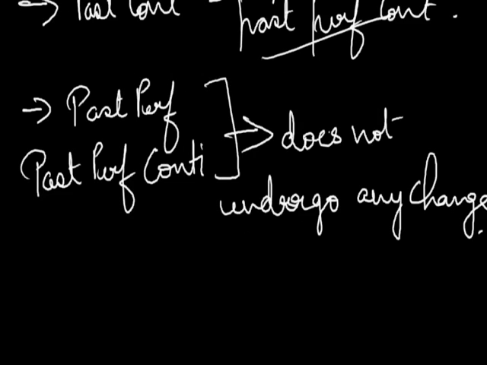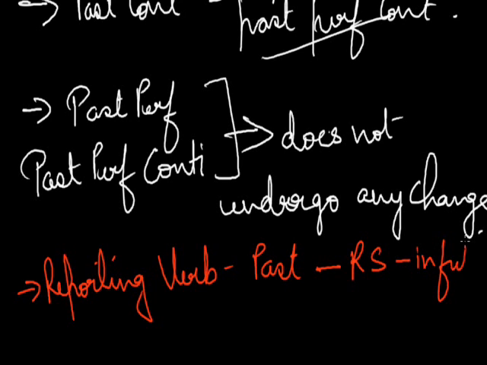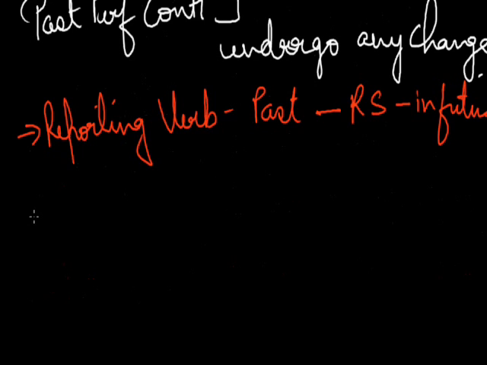If the reporting verb is in past, now how does reported speech in future tense change? The reporting verb is in past, but the reported speech is in future. Then how does it undergo change?